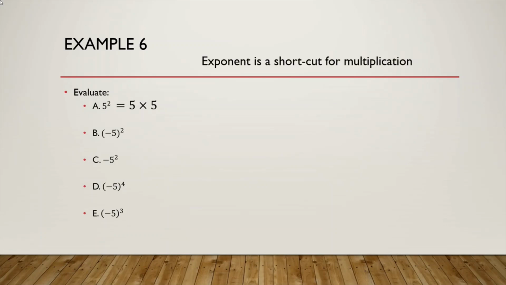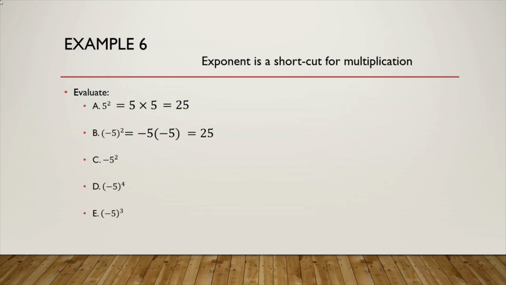You can also think of it, the exponent is a shortcut for multiplication. So that's 25. Negative 5 squared is saying the same thing, or negative 5 raised to the second is saying the same thing. So it would be negative 5 times negative 5, which gives you a positive 25.